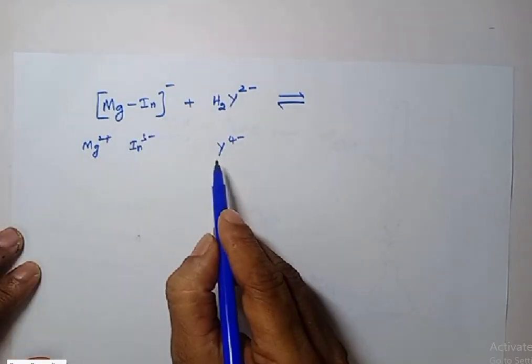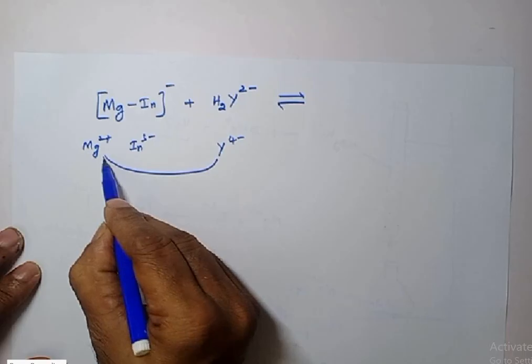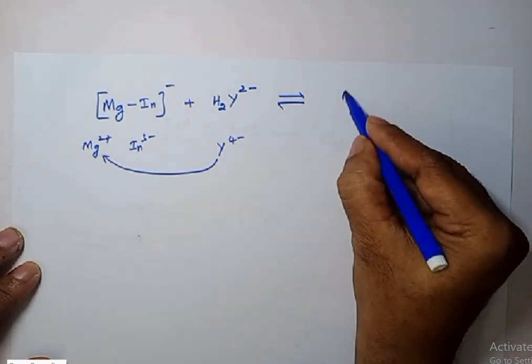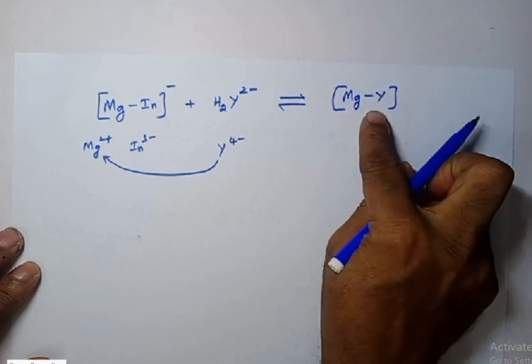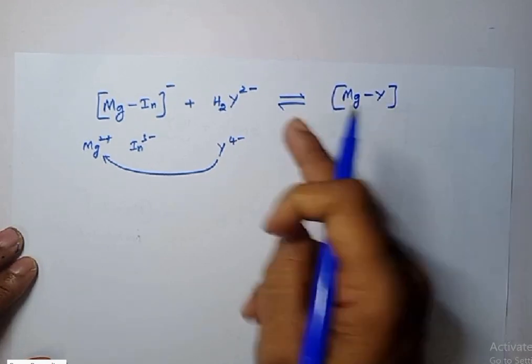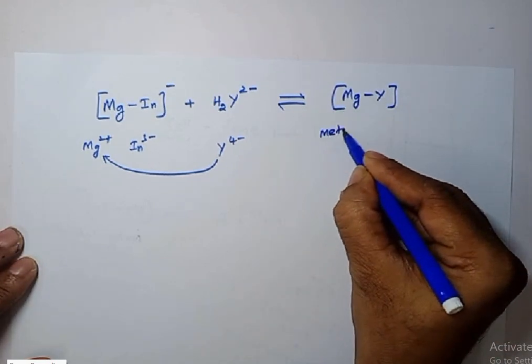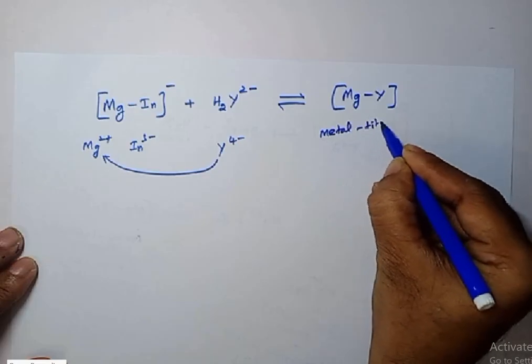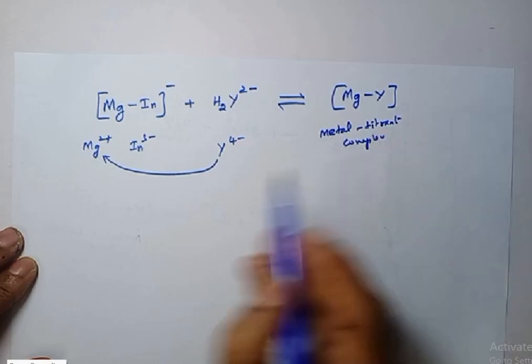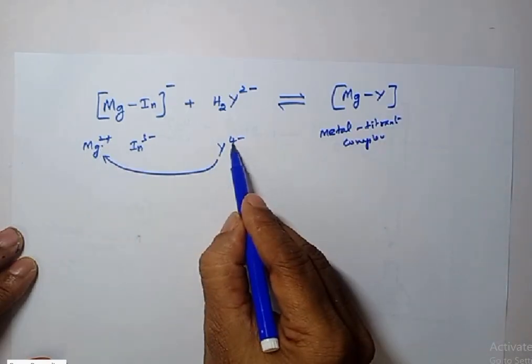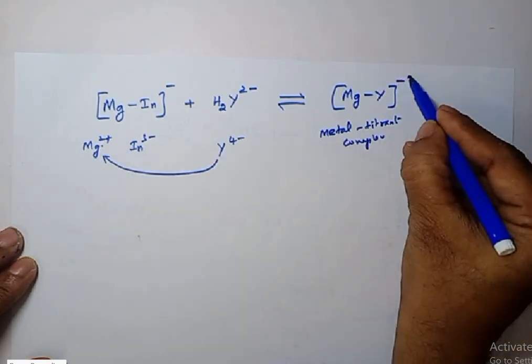Now this ligand combines with the magnesium ion and forms the MgY complex, the metal ligand complex or metal titrant complex. And what is the charge? This is plus 2, this is 4 minus. If you add, you get minus 2.